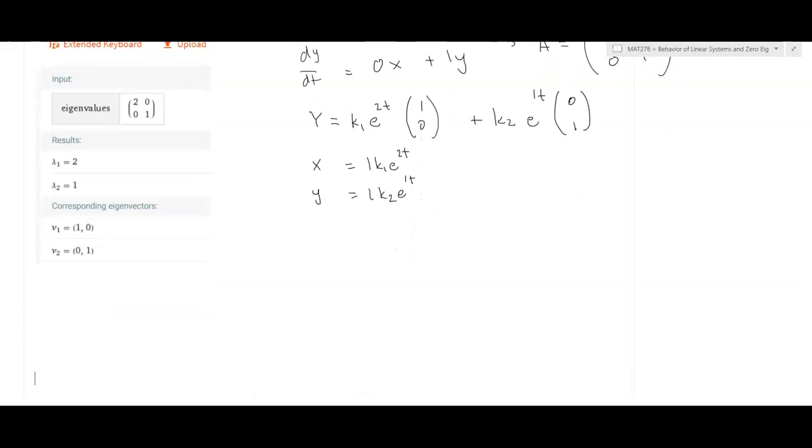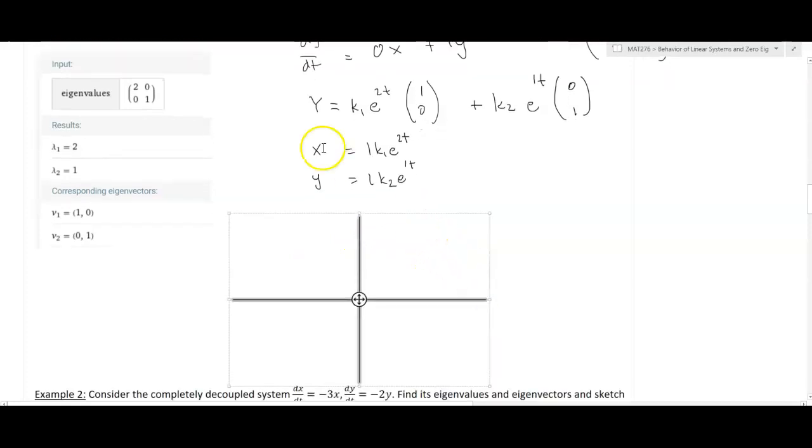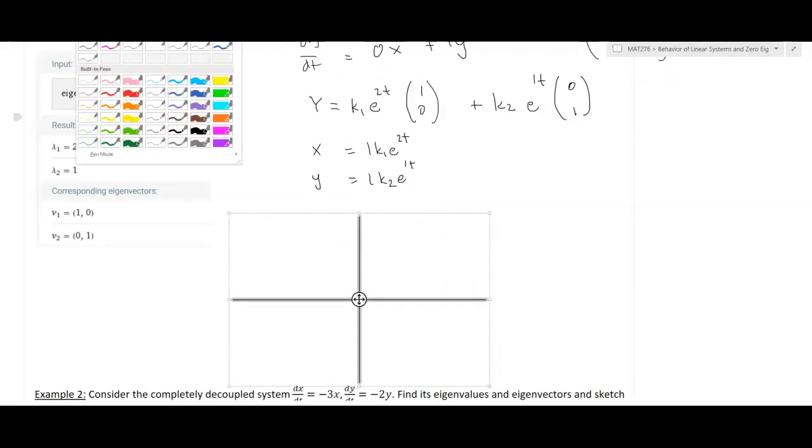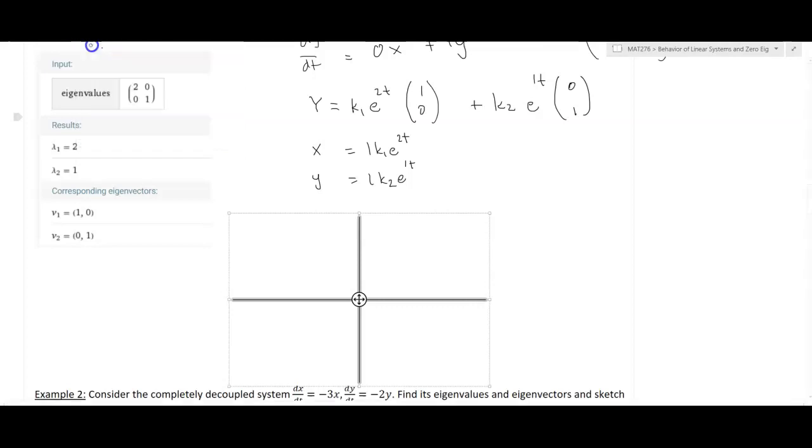Now we wanted to sketch the phase plane, so we're going to do that next, and all we really have to do is plot the lines on which our eigenvectors lie. So let me label this 1, 2, 3, and 1, 2, 3 in the other direction.